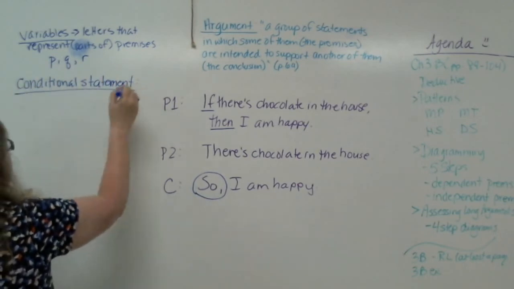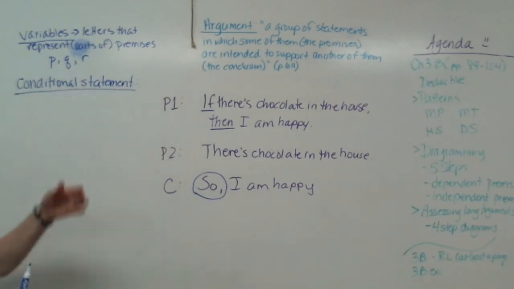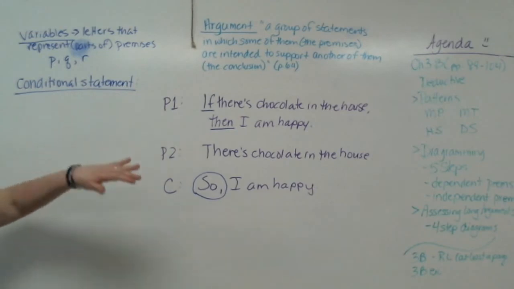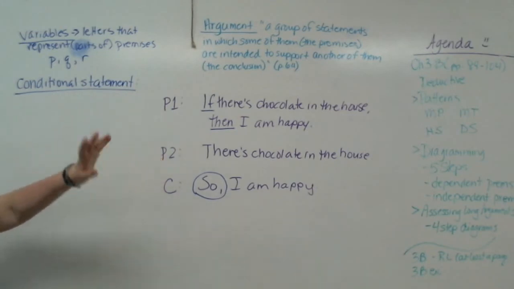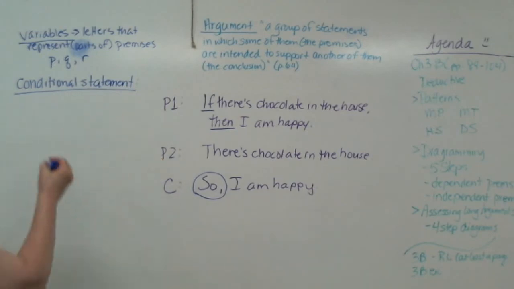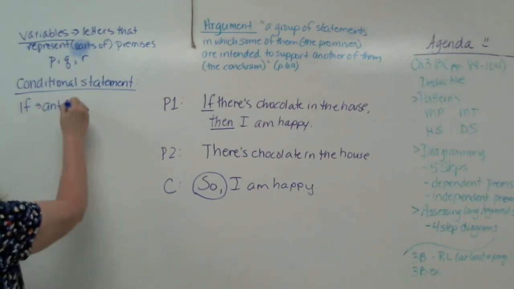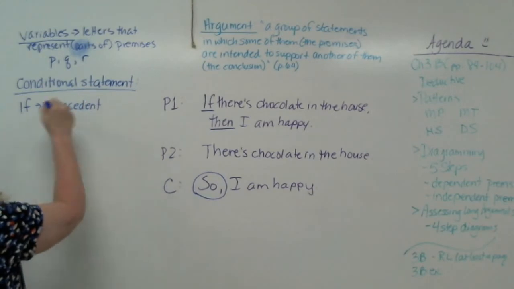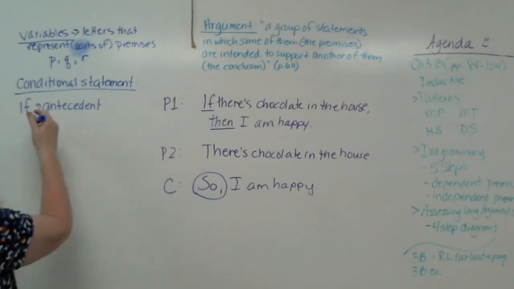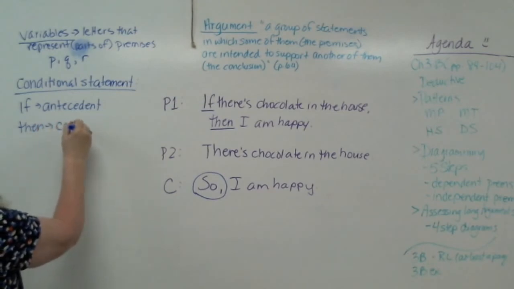So if the first part is true, then the second part is true. That's kind of how you have to think about a conditional. The if portion is called the antecedent. It comes before. That's all that means. The then is the consequent.